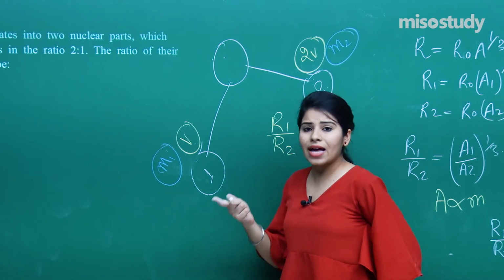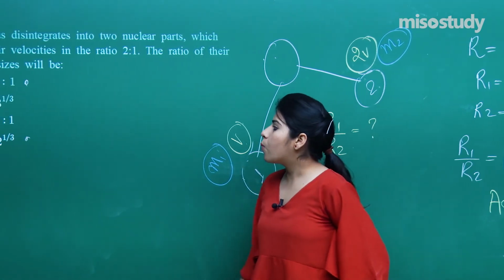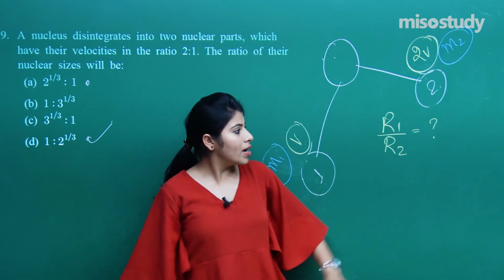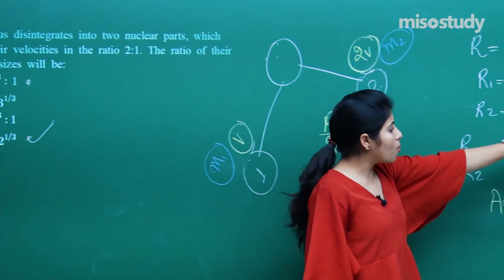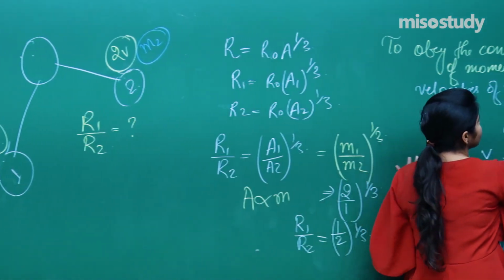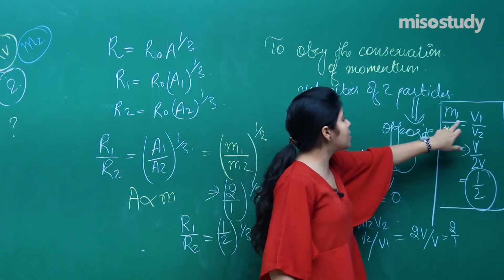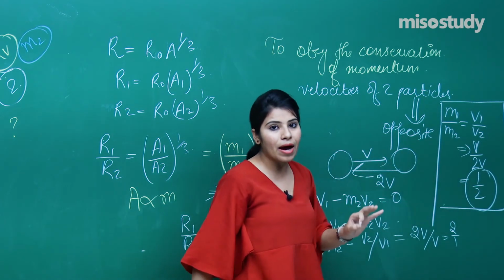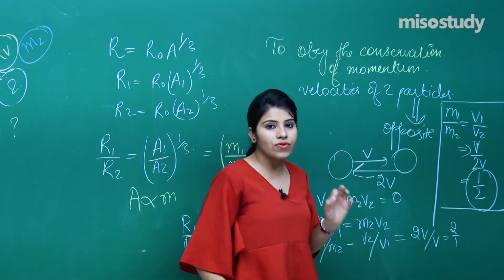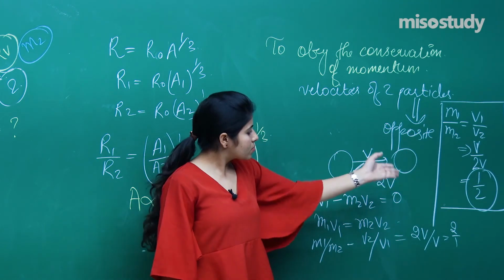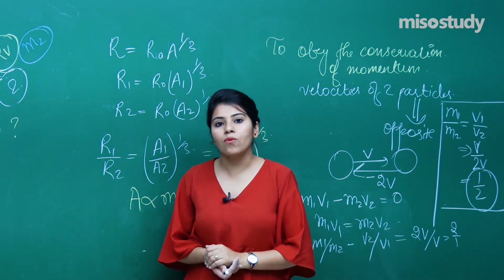So from my side, I am going to take 1 is to 2 raised to the power 1 by 3, right? Just go back to the question. We are considering this case because I have considered the velocity of the m1 particle as v1, and v1 I have written as v, and the m2 particle as 2v, and then the ratio has come out to be 1 by 2.